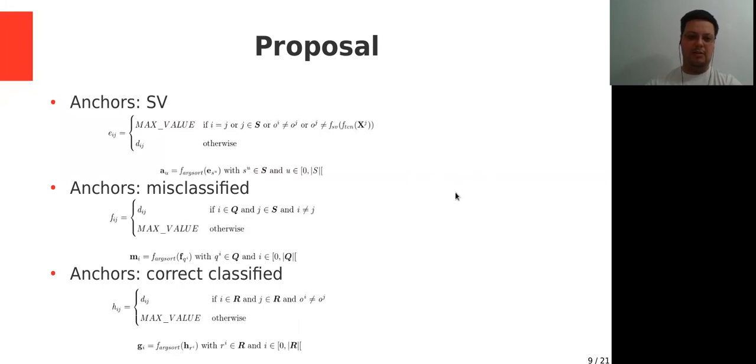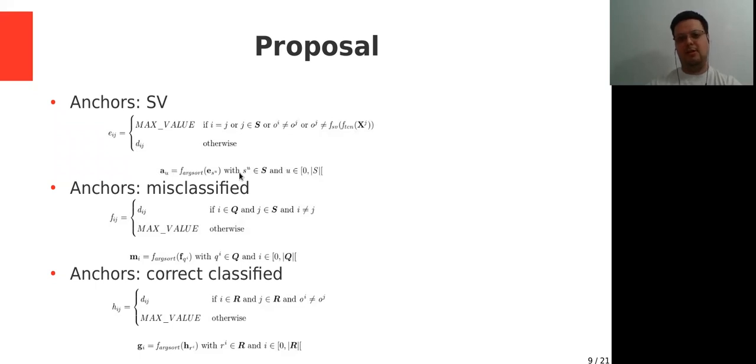So how do we calculate the loss function? How do we use all this information to calculate the loss function? We create a matrix A. It is basically all the support vectors that we have in our network. So in this case, we take the distance matrix.